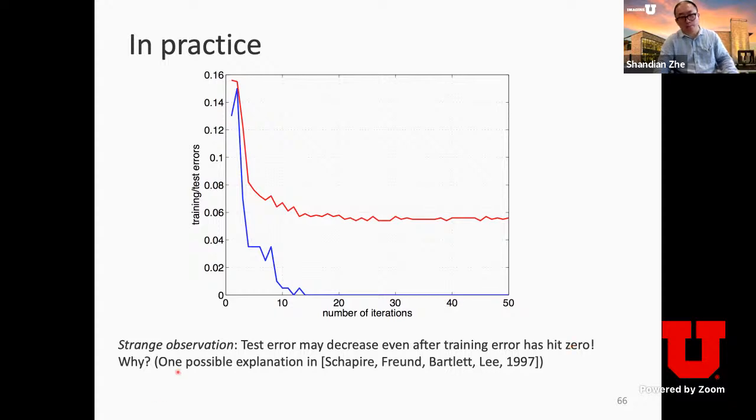There is some kind of explanation provided by Schapire and his colleagues, but there's no theoretical theorem about this. It's just an interesting behavior of boosting algorithms. Boosting algorithms seem to be least affected by overfitting.